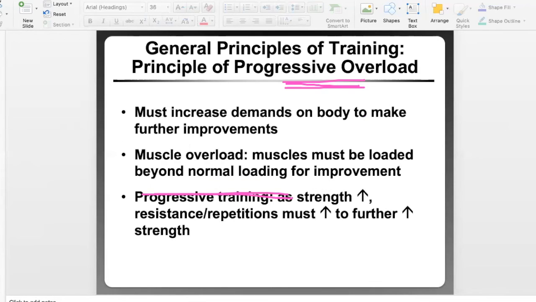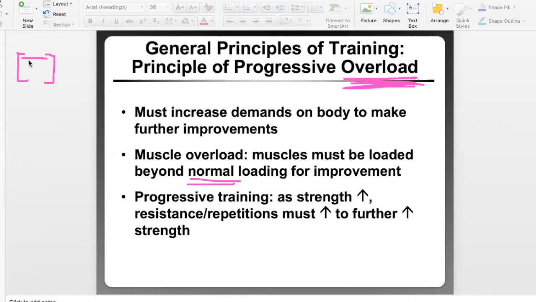If you want your body to get stronger, you're going to have to overload. That doesn't mean overwork or overreach. Actually, overreach is an important term too. You're going to have to work harder than you normally work. All right, because what happens is if your muscles are working at the normal level, that normal level of intensity is not going to be enough to break down the Z discs of those sarcomeres in your muscle fibers.